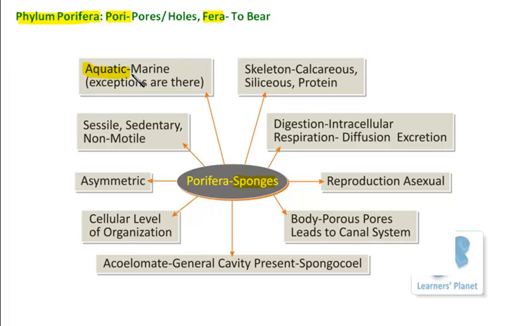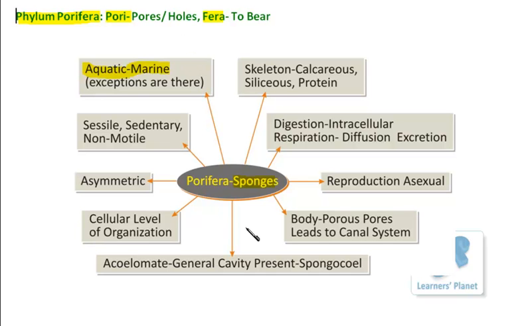And definitely all these organisms are found in the marine region. That means they are found in the saline water. Some exceptions live even in fresh water, but most of them are found in the saline water.